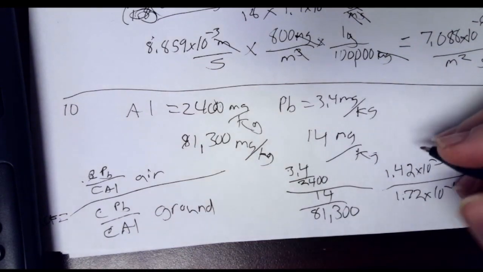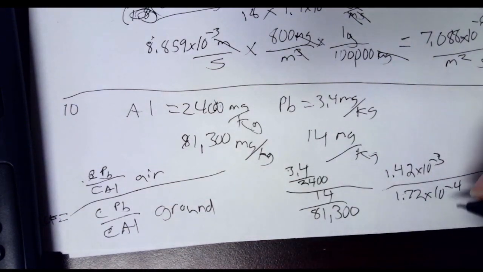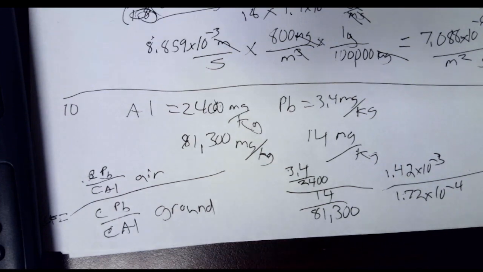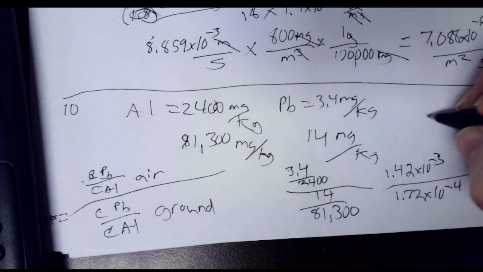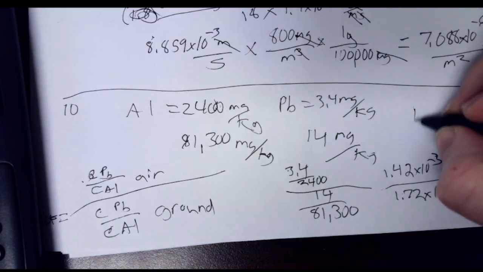Even though this is a rural area, this dust could be coming from urban environments. It could be coming from traces left over from leaded gasoline.